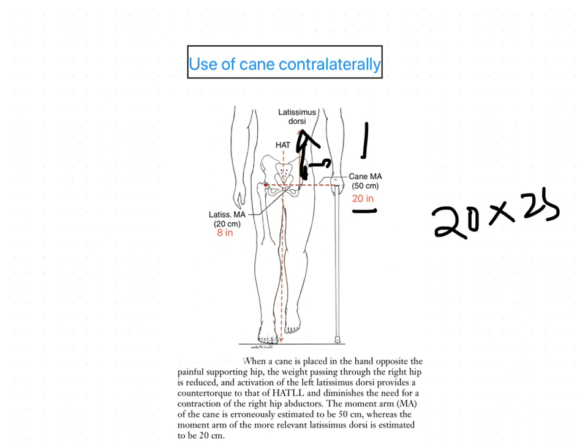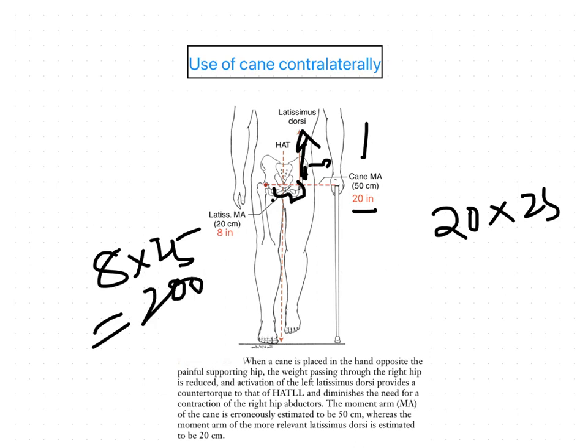The abduction torque of the latissimus dorsi muscle can then be estimated as 200 inch lb. That is 8 into 25 lb, because we have taken the entire distance, 4 plus 4. So we got 200 inch lb.